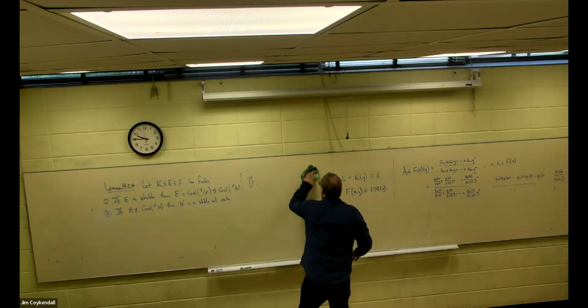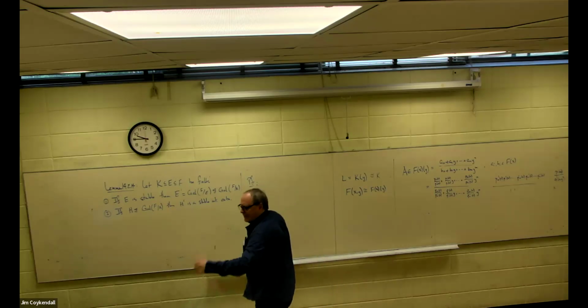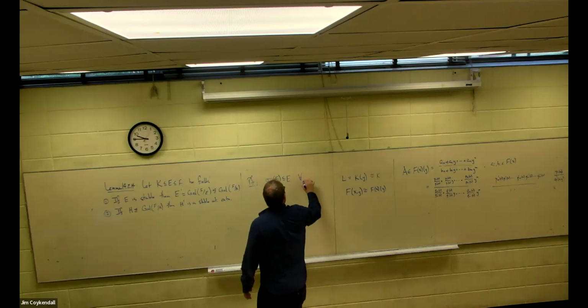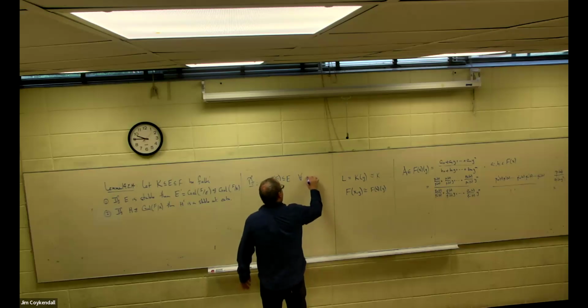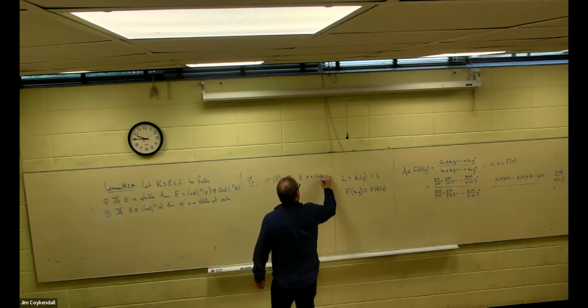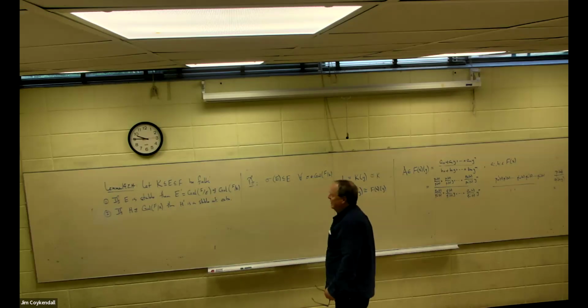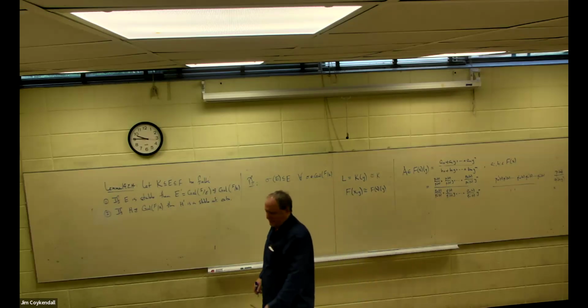Okay, so we've got that E is stable. So this means that sigma E is contained in E for all sigma in the Galois group. I want to show that it's normal, right?